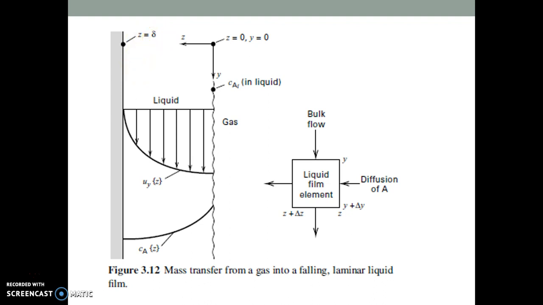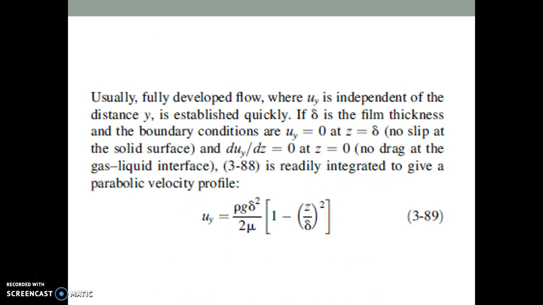At steady state, the inlet concentration, which is stated as cA, is equal to 0 at this moment. Okay, at point z, from the inlet concentration profile of cA, which is shown in this figure. Usually, fully developed flow where uy is independent of the distance y is established quickly.